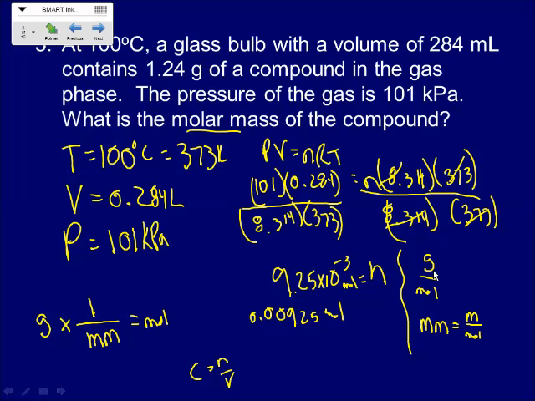Either way, it doesn't matter. I'm just going to take this little thing here, grams per mole, and I'm going to just put 1.24 grams, and I'm going to divide it by 0.00925 moles, and I'm going to erase this.